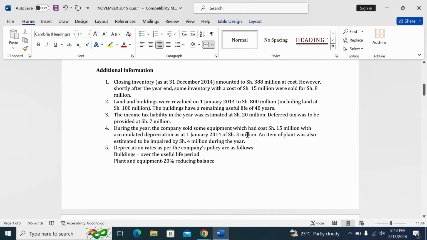Therefore, here you are going to calculate either the gain or the loss on the disposal, and you're also going to calculate the depreciation of the remaining plant and equipment.